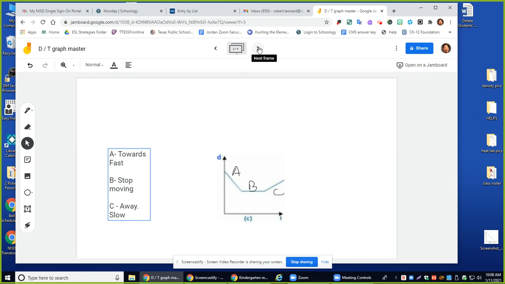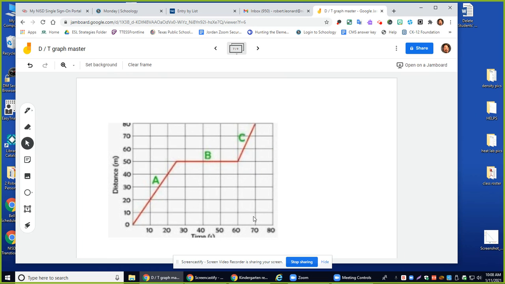Okay, moving on. Number 7. Everybody draw number 7. You don't need to put all the numbers. However, what I do want you to put is right here. I would like you to label that with 50 meters.